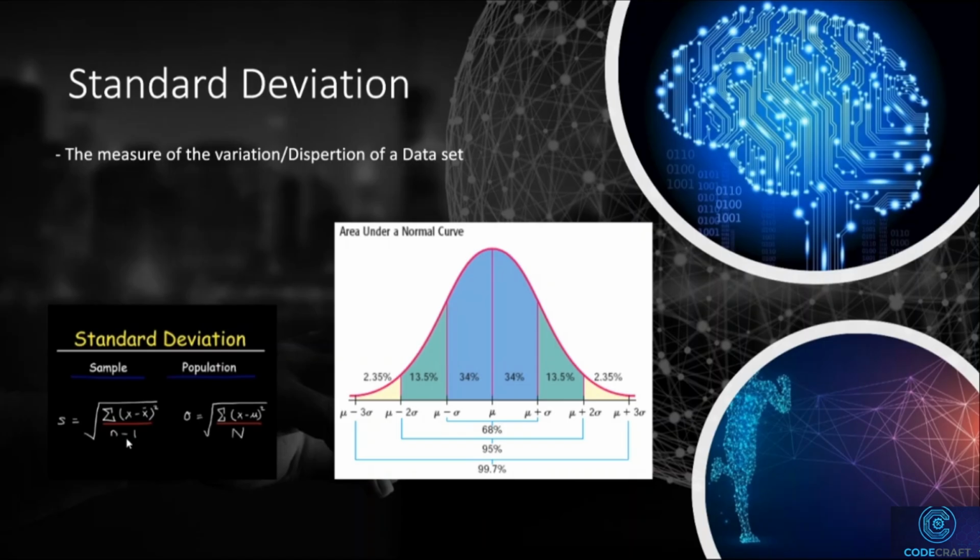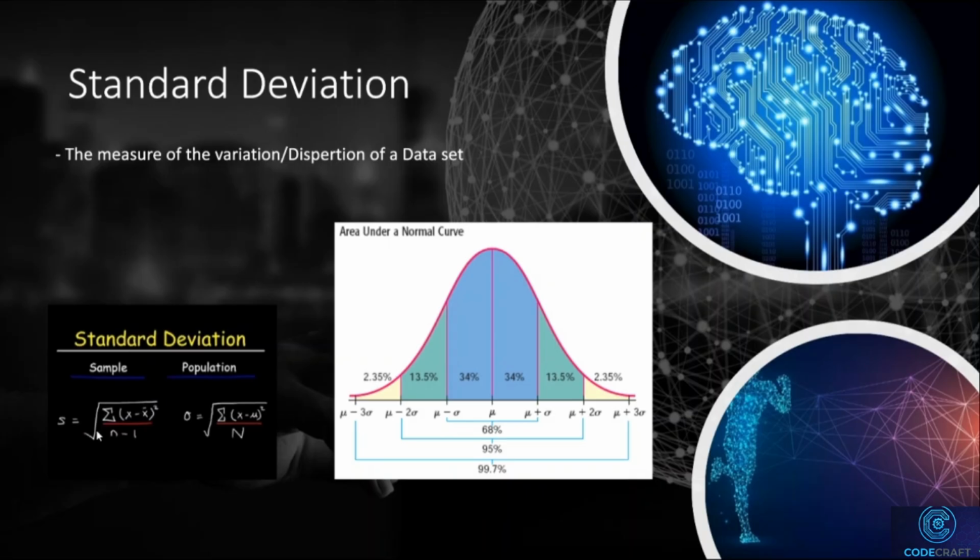So if in our data set we have 4 numbers, it's going to be 4 minus 1, which would be 3. For a population, it's a bit different. Instead of subtracting 1 at the end, we will simply divide by the number of numbers that we have.